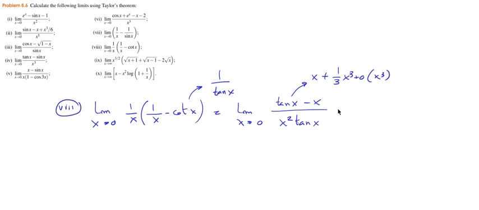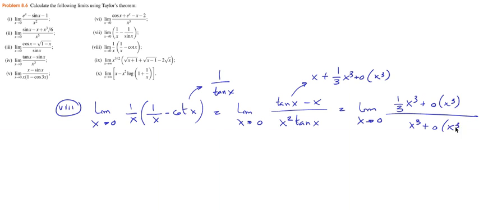And so the limit when x goes to 0, then you have 1/3 of x cubed plus small o of x cubed here, and then again you have x squared times x, so this is x cubed plus small o of x cubed, so you have 1/3.